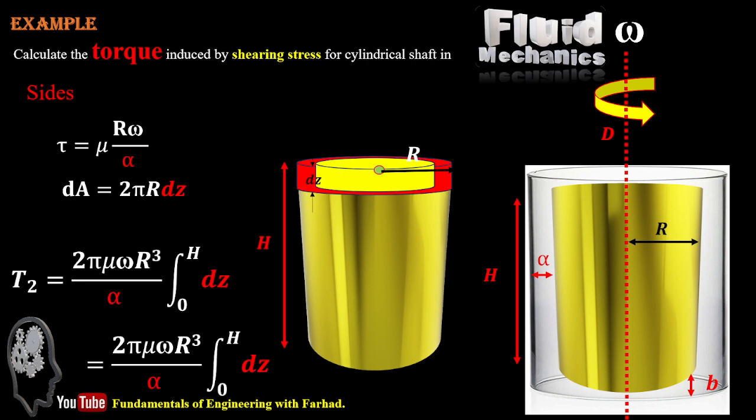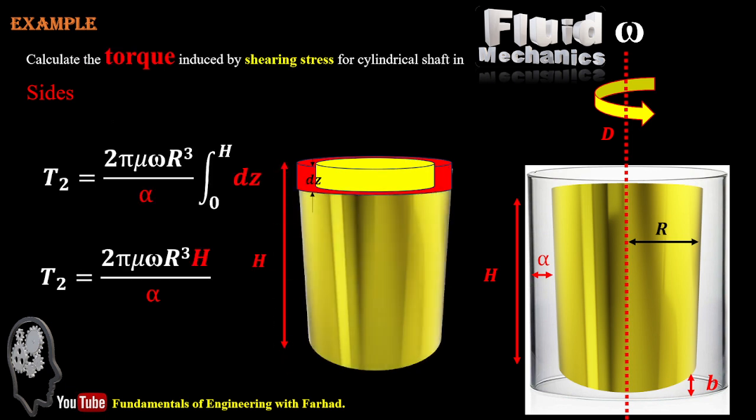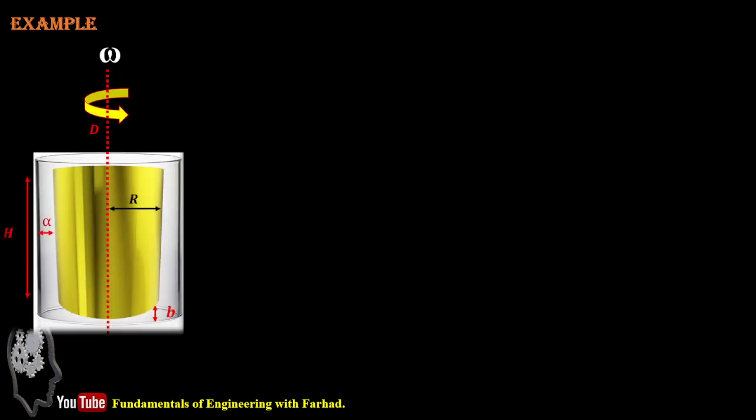And if we do the integration, alpha, for the sides, sits in the denominator. This is a constant, integrated from 0 to h dz. And we integrate dz from 0 to the overall height, and if you do so, it just gives you that numeric value.